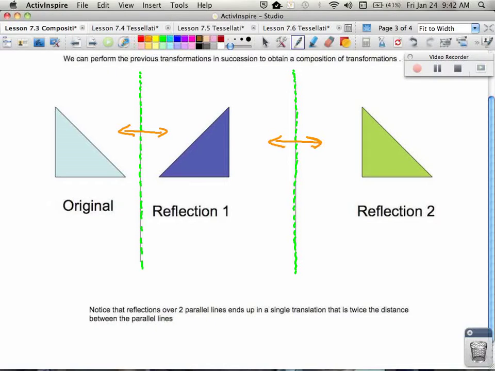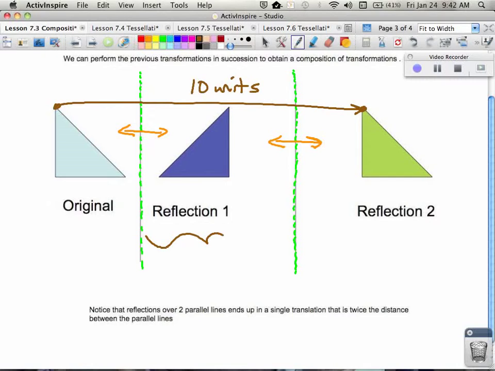It's saying that if I look at how far this point travelled from here to here, and I tell you that that is 10 units going from peak to peak, light blue to green triangle, then this distance in here is 5 units between the parallel lines. So the amount of translation is double the distance between the parallel lines. Kind of an interesting fun fact.